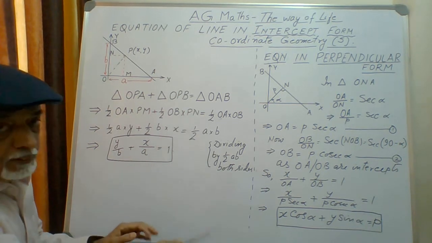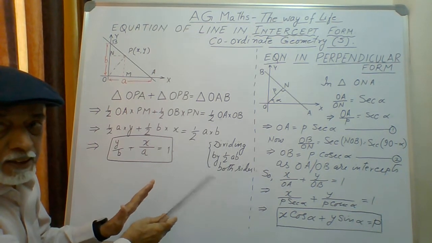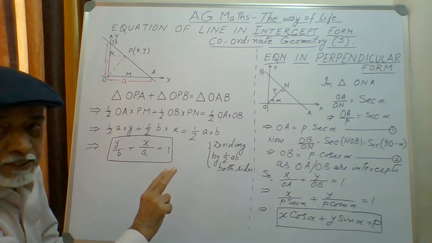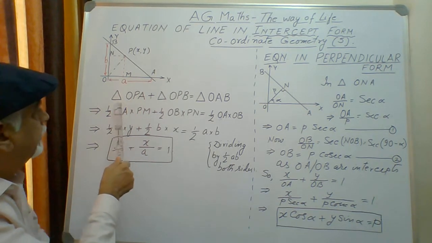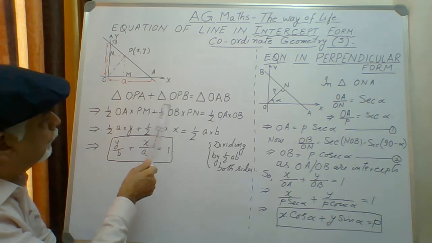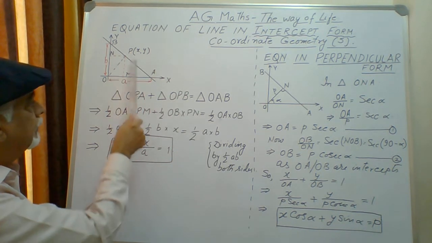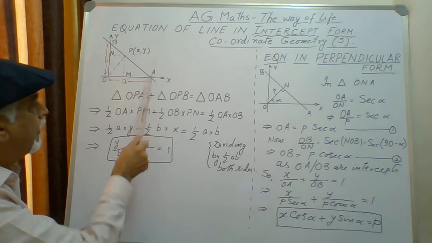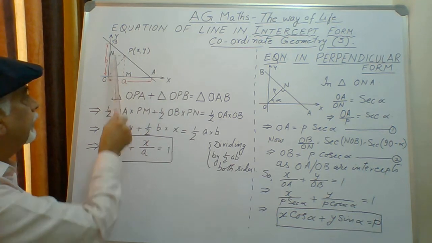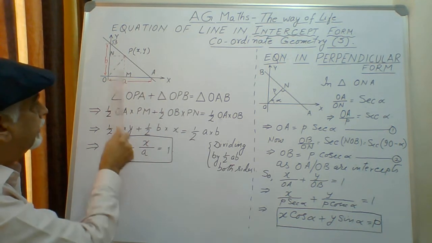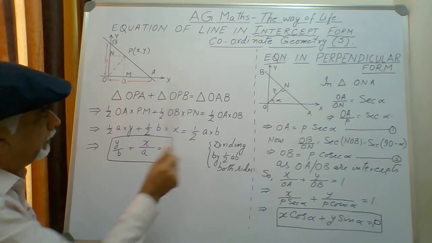That means the whole big triangle area is comprised of the two small triangles. I can write that triangle OPA plus triangle OPB is equal to triangle OAB. OPA is the lower one, and OPB is here. You add these two triangles, then it forms the big triangle OAB.